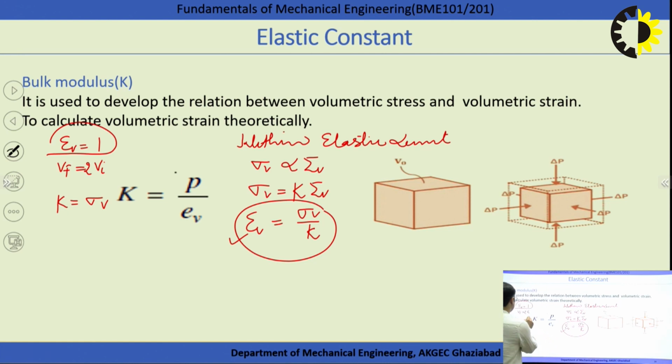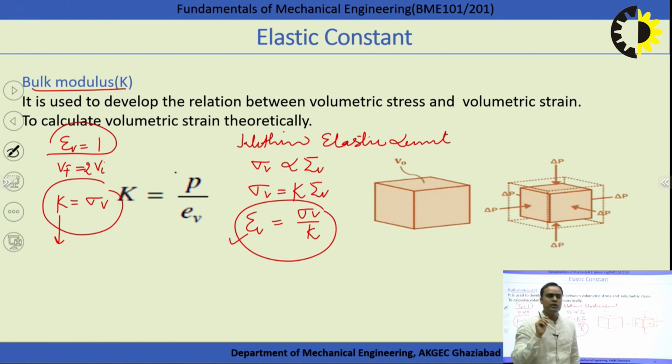So the bulk modulus can also be defined, the second definition of bulk modulus, as the amount of volumetric stress or hydrostatic pressure required to cause a unitary volumetric strain. And the meaning of unitary volumetric strain is that the final volume is just double the initial volume, right? I hope it is clear to everyone.